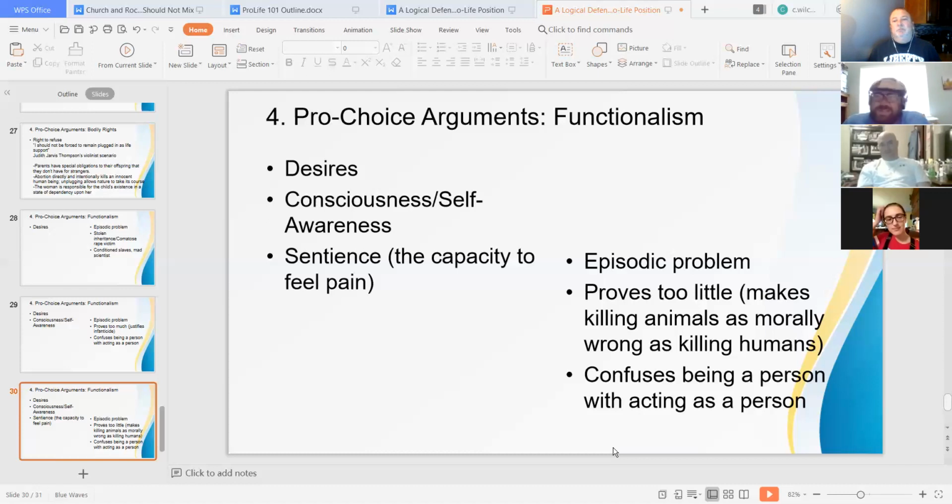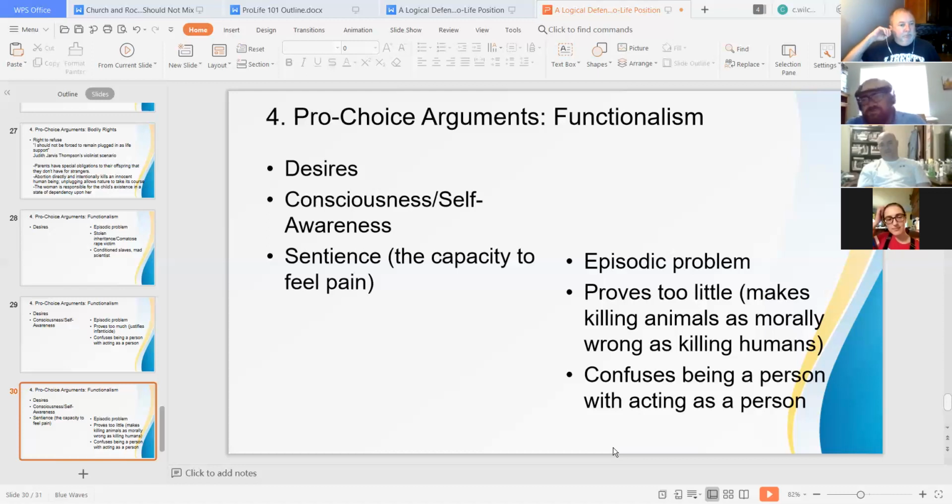You're most likely not going to encounter an academic philosopher while you're out doing pro-life outreach or something. I think these arguments will be good enough to show why the pro-life position is sound, because the premises are true in the argument, and if the premises are true, the conclusion necessarily follows.